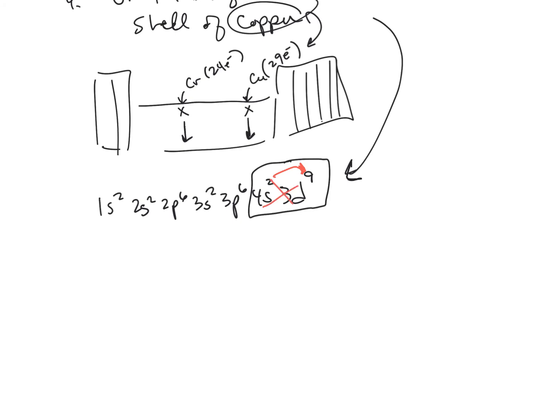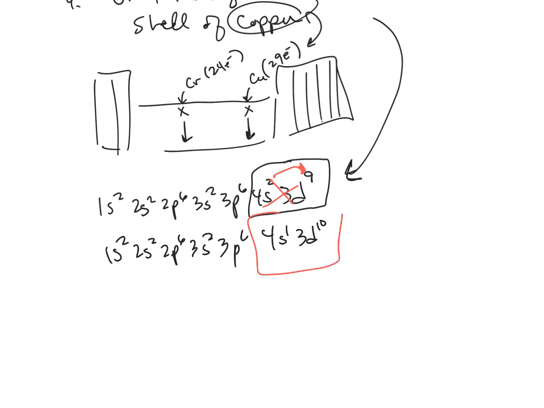So this is actually incorrect. Instead, you have 1s2, 2s2, 2p6, 3s2, 3p6, 4s1, 3d10. So this is what the question is after right here, 4s1, 3d10.